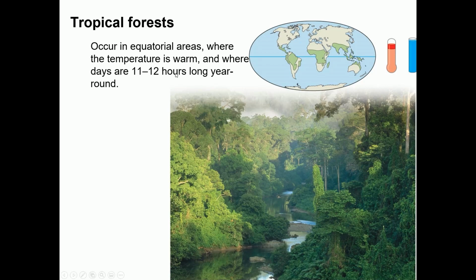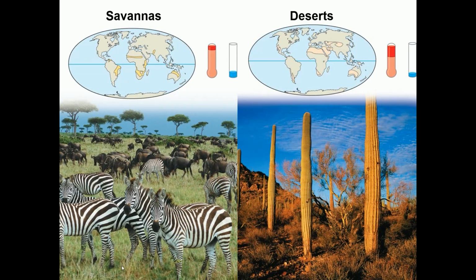Savannas and deserts, you can see where they're located in terms of latitude on the maps here. Savannas have much less temperature fluctuation, and these are grasslands, so I've been calling them grasslands in all of the other slides. They have much less temperature fluctuation, which allows grasses to survive very, very well. Grasses do not do well when you have freezing temperatures one moment and then boiling hot temperatures the next moment.